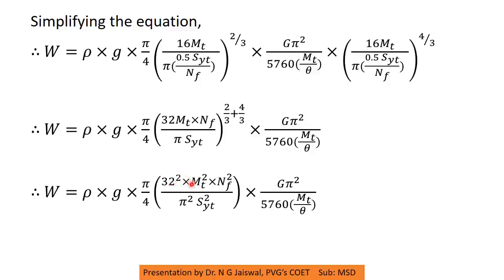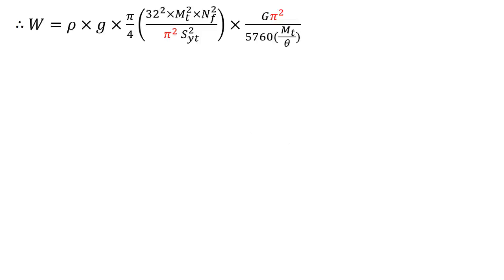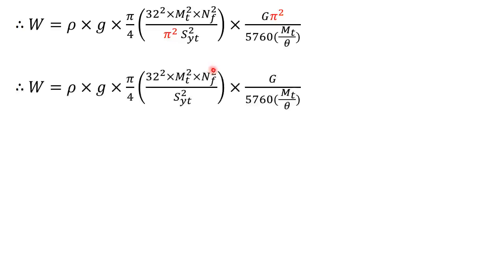That's why squared is done. 32 square MT square into this NF square divided by pi square SYT square into this term as it is, G pi square divided by 5760 MT by theta. So pi square you can cancel. Remaining is again, after cancelling pi square, this term.